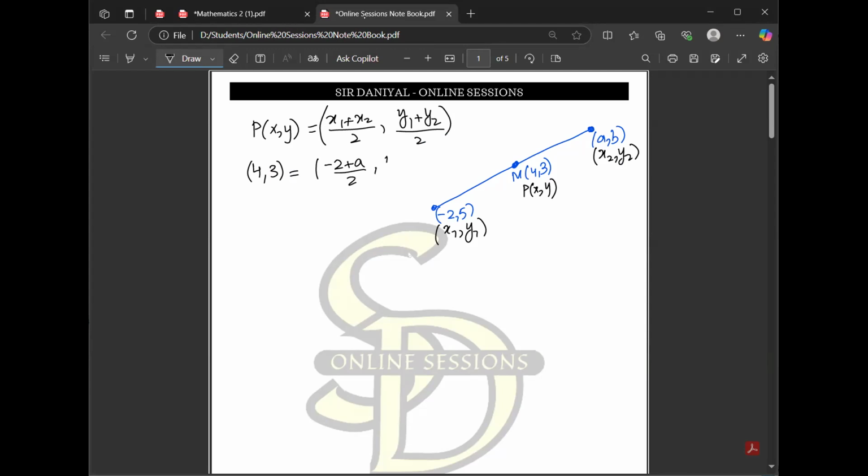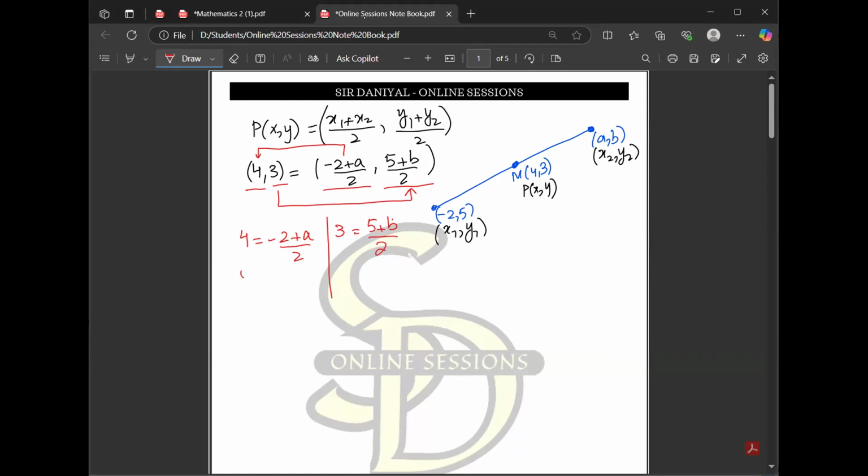And this is 5 plus b over 2. Now, in order to find the values of a and b, we have to compare the coordinates. This is the x and this is y. And this is the x coordinate and this is the y coordinate. So x will be compared with x and y will be compared with y. So 4 equals negative 2 plus a over 2 and 3 equals 5 plus b over 2.